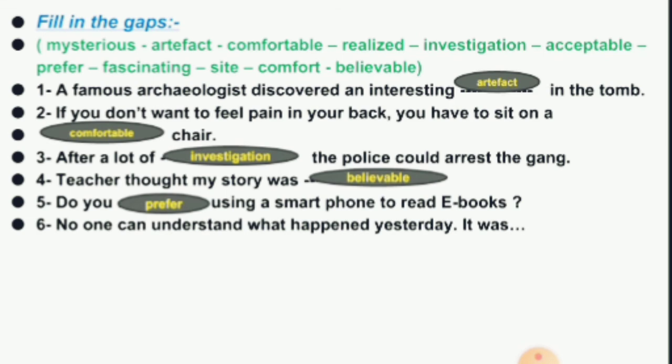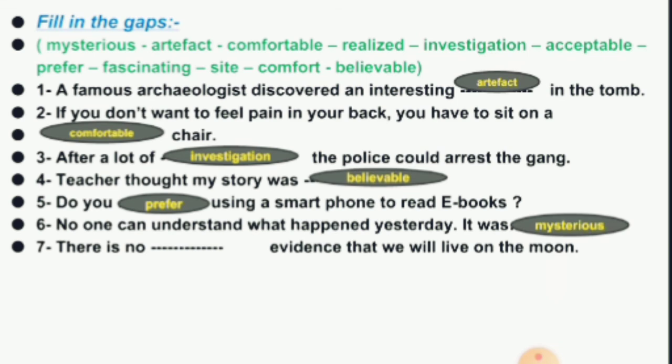Question number 6. No one can understand what happened yesterday. It was? Yes? It was mysterious. Question number 7. There is no evidence that we will live on the moon. So what's the word to complete the sentence?